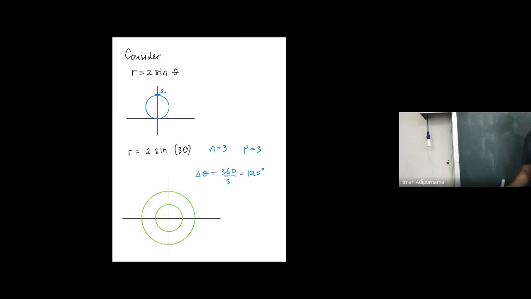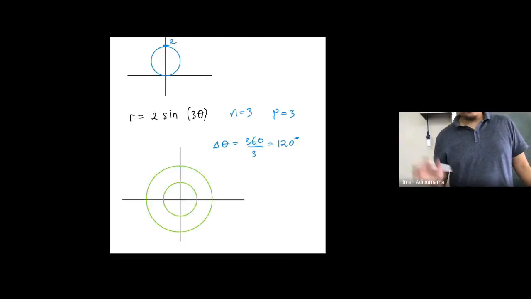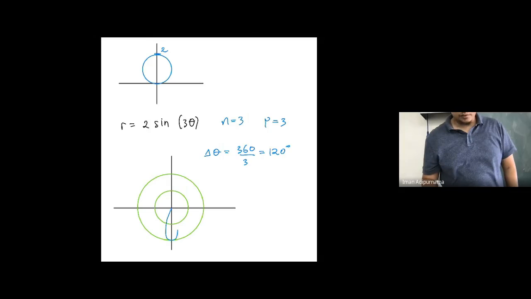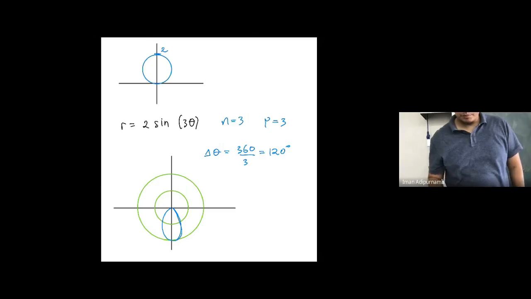Then I will start drawing from this side. And then I should have the difference. Let me write this 270, 0, 90.